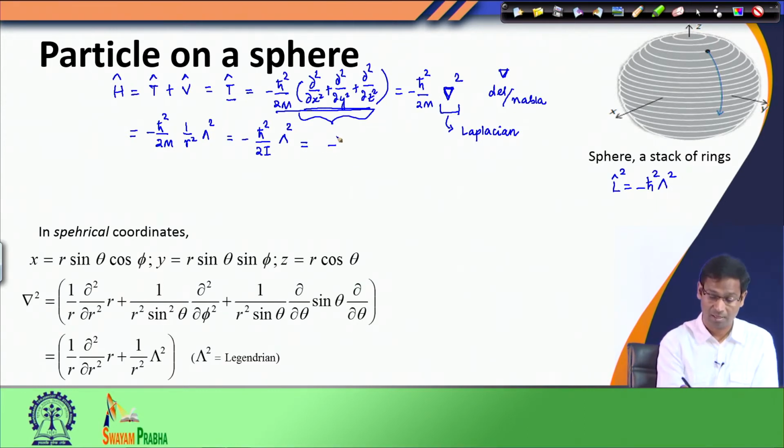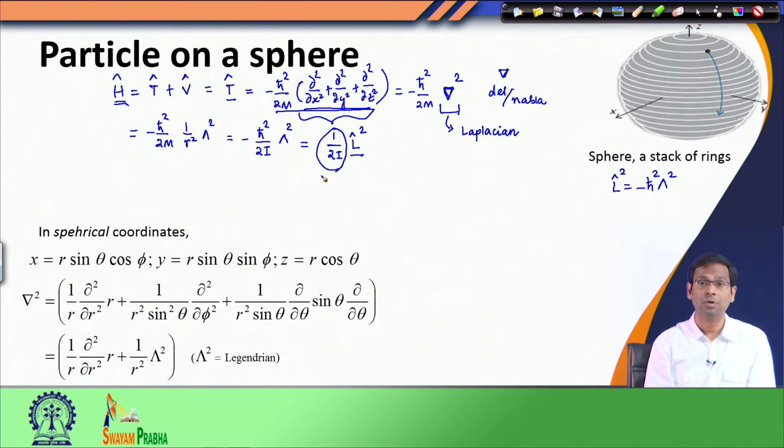So, if I rewrite my Hamiltonian now, instead of using the Lagrangian with minus h bar square, I simply have L square. Now you see what I have achieved is that I have expressed my Hamiltonian in terms of the L square operator and a constant, because for a given problem the mass of the particle is known and the radius of the sphere is known. So, 2I is a constant. My Hamiltonian operator is expressed in terms of the square of the angular momentum operator, the L square operator.